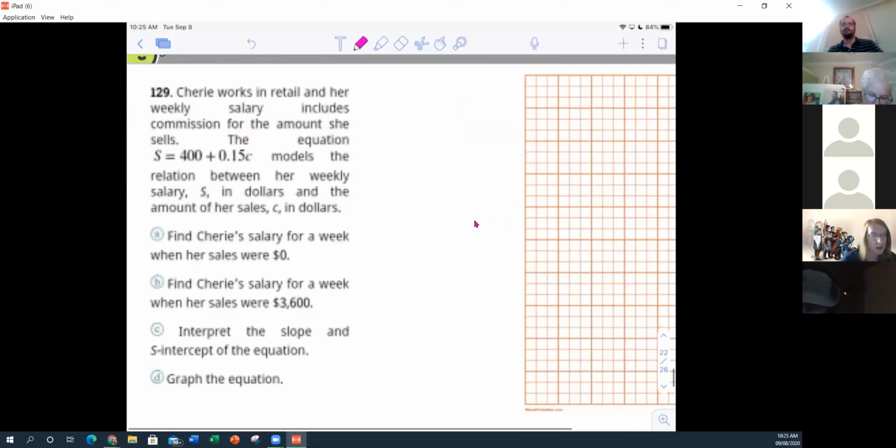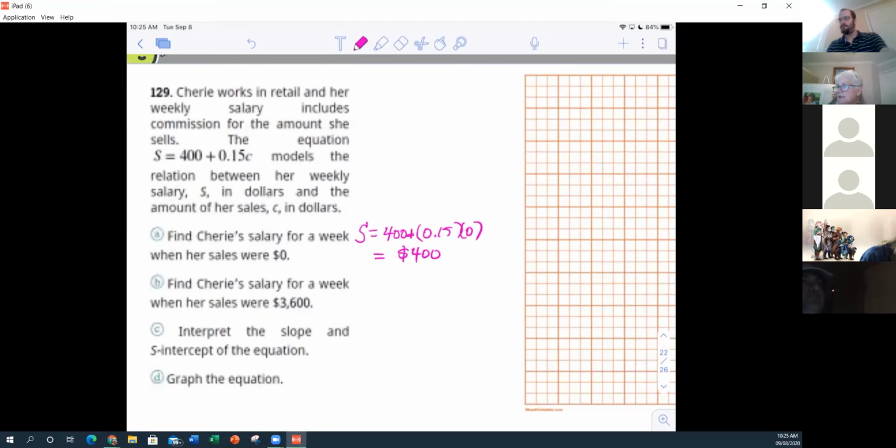So that would be $400. So when her sales are 0, she would still make $400.